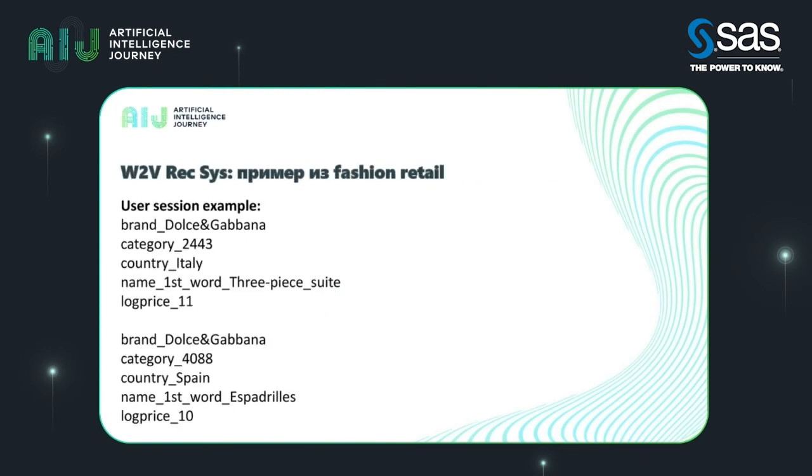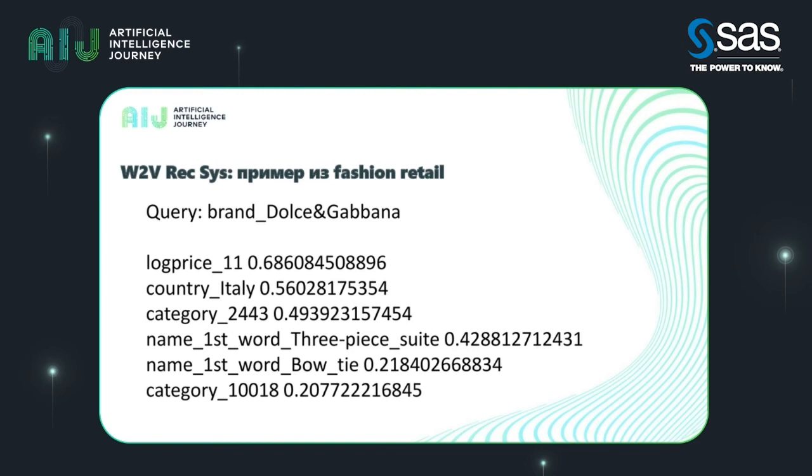Here's an example of how it can work on real data. This is an example from fashion retail. This is a user session example. They first checked a suit by Dolce & Gabbana, then some shoes, showing the brand here, the price logarithm, and the number of the category. And then we try to check the brand.